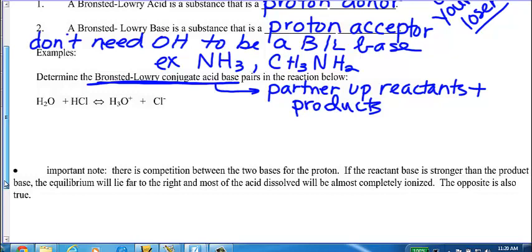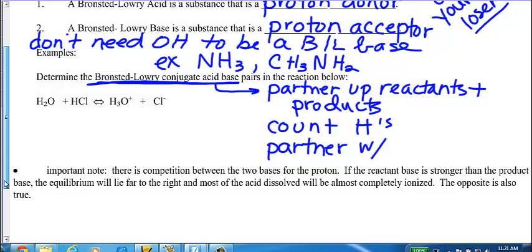And the next thing you want to do is count the hydrogens. The partner with more hydrogens is the acid. The partner with less hydrogens is the base.